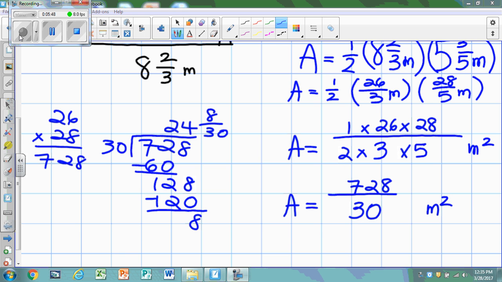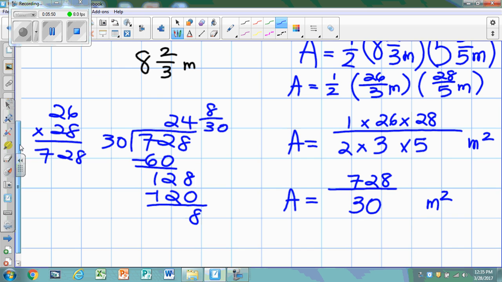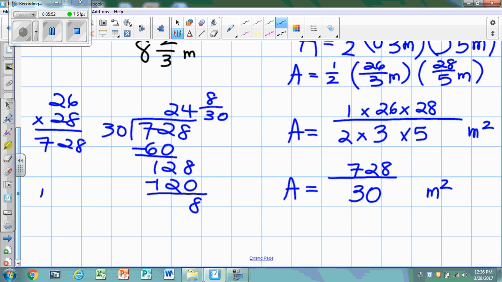So, what do I have to do with that 8/30? Because it's not simplified form. I have to simplify it, don't I? Yeah. So if we use our division ladder to simplify it, what do they both have in common? What factor? 2. So 8 divided by 2 is 4. 30 divided by 2 is 15. Sorry, I'm saying the answer.